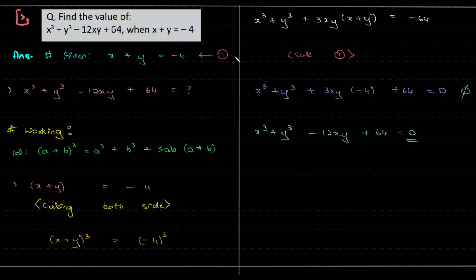Then I went across cubing and all of that, and then I got to a point wherein I had similar looking expressions, but there was one expression which was not so similar. So I tried to take it into different parts. Okay, xy is there, minus 12 has to be related to 3 times x plus y. So the only way possible for plus 3 times x plus y to be related to minus 12 is if x plus y was minus 4, which it is, and I substituted that and I got the answer. Right guys, that's it.